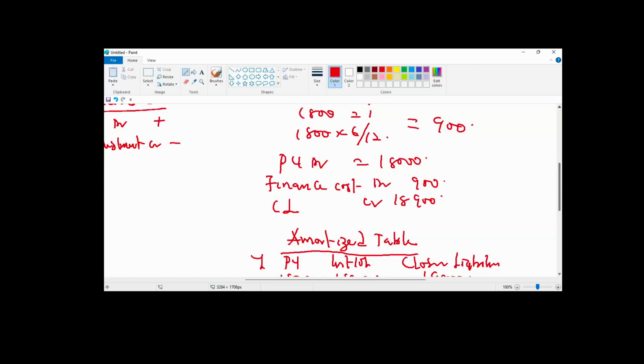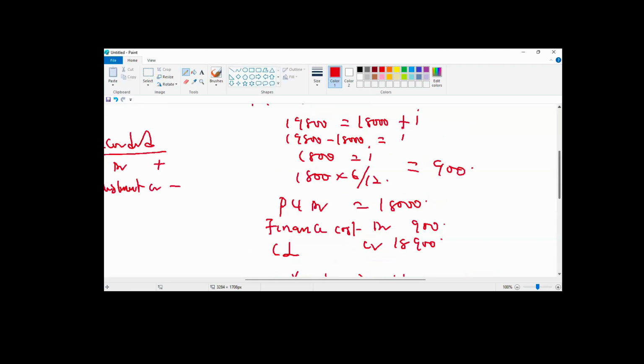Sorry, sir, I have a question, sir. I'm with you, madam. Sir, are we not discounting the interest? We will not discount the interest. It's the visual value we discount to the present value. Look at it. What is the visual value? 9,800. In 1 year's time, what is 9,800 will give us in 1 year's time?